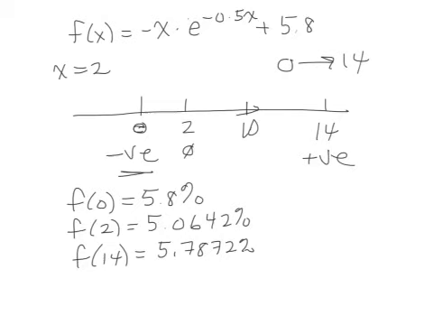So wow, the values at 0 and 14 are very, very close. But we can see that at f at 0, we have an absolute maximum, so that's in the year 2000. We have our absolute max, and here at 2002 we have our absolute min.